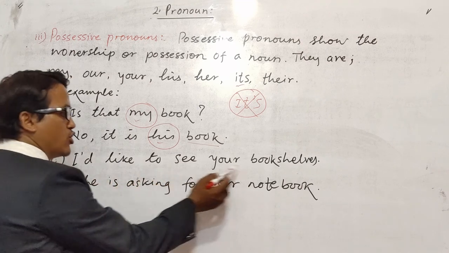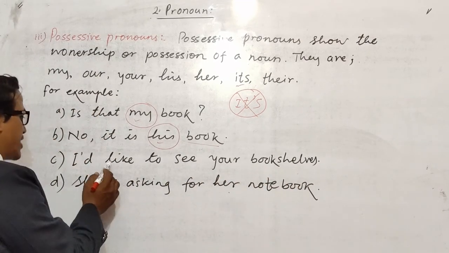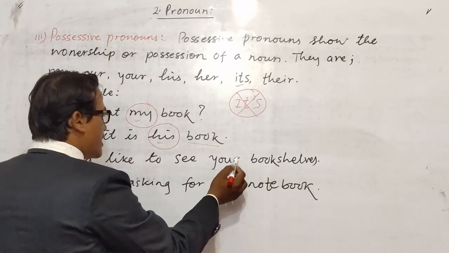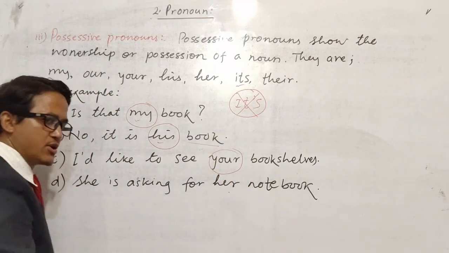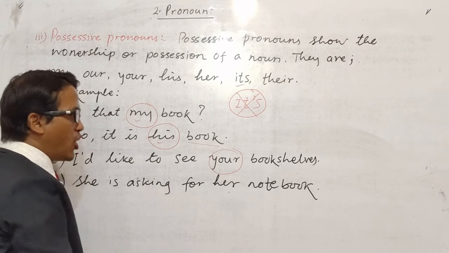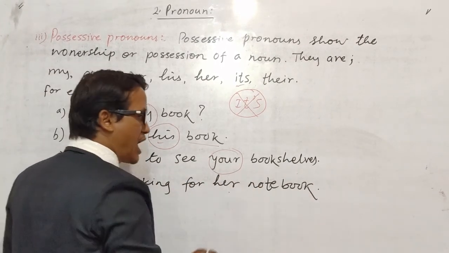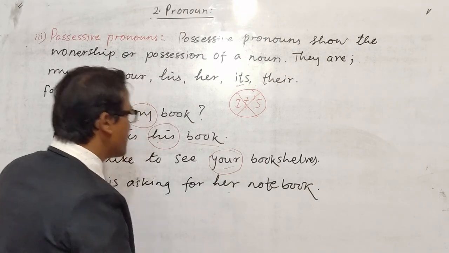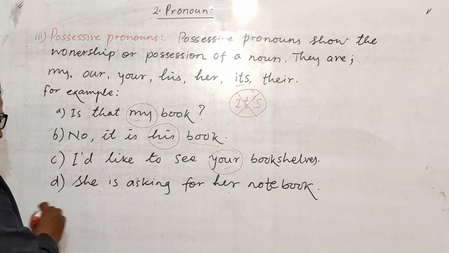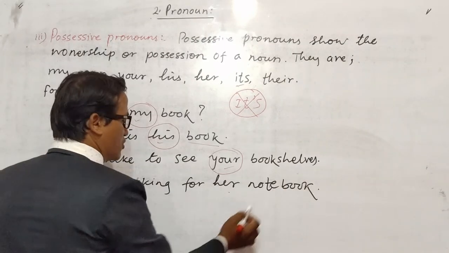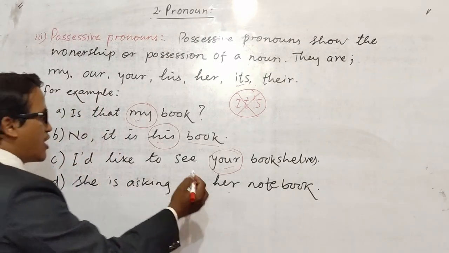Next example here. I would like to see your bookshelf. Here, the word is your. So this is a possessive pronoun because it is showing the possession, the ownership of nouns. Similarly, she is asking for her notebook. So whose notebook? Her notebook.